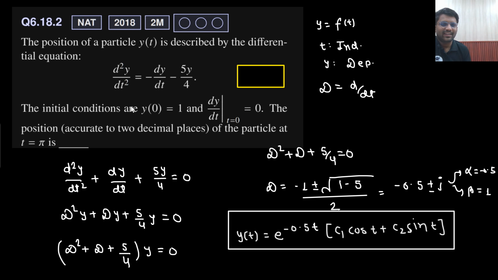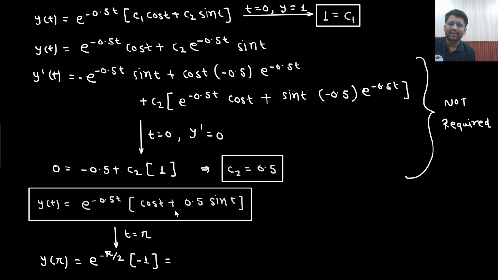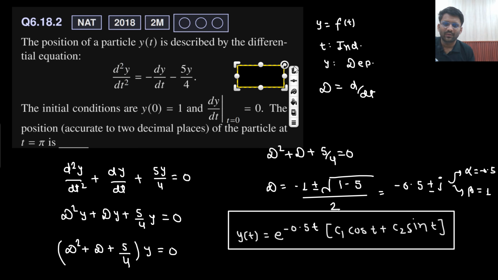That's why I always say that you should read the full question carefully. At t equals to pi they are asking, that means this term would already be gone. So within seconds you could have solved it. But we are not very smart. We have invested time needlessly. So my answer is coming out to be minus 0.2, minus 0.207. That's the answer.